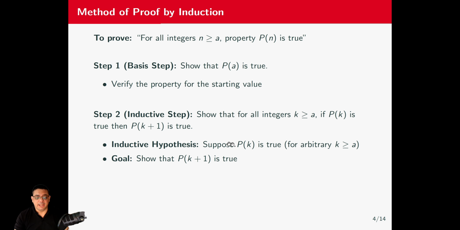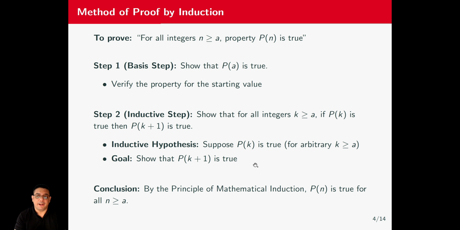And then in here, we have our inductive hypothesis, which is the P of k, and you're assuming here that P of k is true, and the goal is to show that P of k plus 1 is true. And then finally, you get to the conclusion that by the principle of mathematical induction, P of n is true for all n bigger than a. So this is going to be your structure to prove anything by induction.